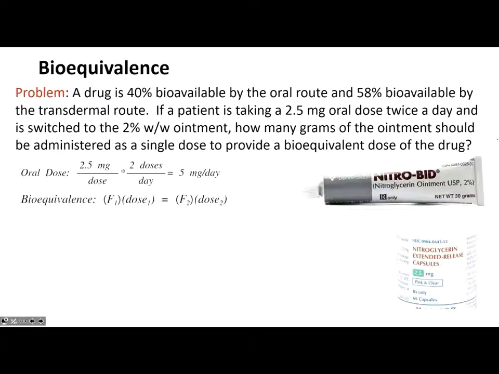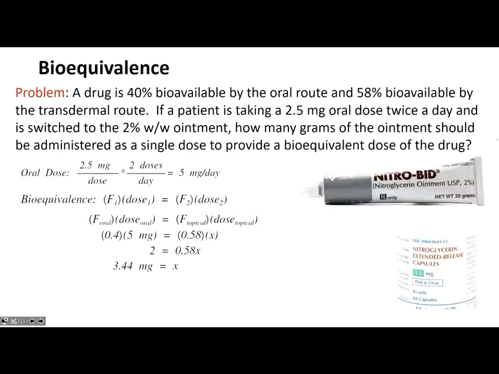Well, we just want a bioequivalent dose. So let's take the F times the dose on one equal the F times the dose on the other. So if we start over here with the oral format, we were given that essentially the oral route is 40% bioavailability, okay? The F is simply expressed as a fraction, not as a percent. So what is 40%? It is 40 divided by 100. What does that equal? 0.4, right?